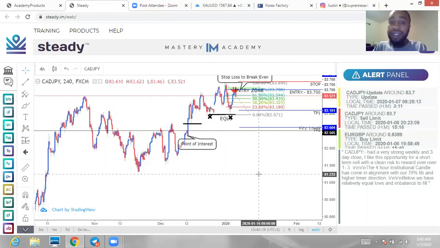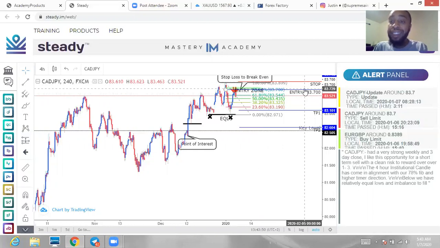But saying stop loss to break even literally means if you would have initially set your stop loss here, since the trade is already trending a good amount in profit, they want you to now adjust your stop loss to your entry point. So in the case that the trade reverses, which can happen, worst case scenario, you would break even, meaning that you would literally lose no money, you would gain no money, you would just start right back at where you were before you entered the trade.